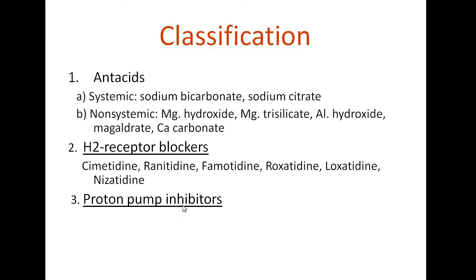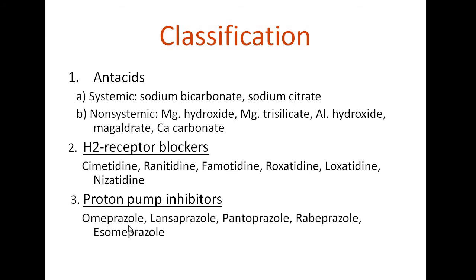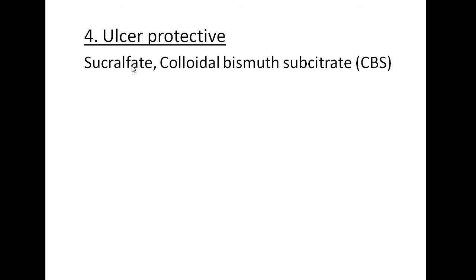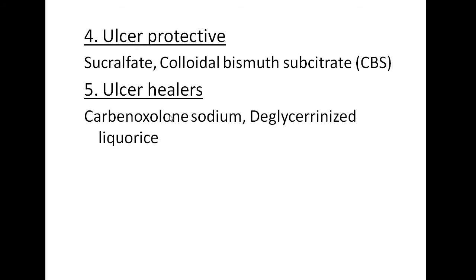Then we come to the most widely used anti-peptic ulcer drugs, the proton pump inhibitors, omeprazole, lansoprazole, pantoprazole, S-omeprazole, and so on. Then we have the ulcer protective drugs, sucralfate and sodium bismuth subcitrate. Ulcer healers include carbenoxolone sodium and deglycyrrhizinated licorice.